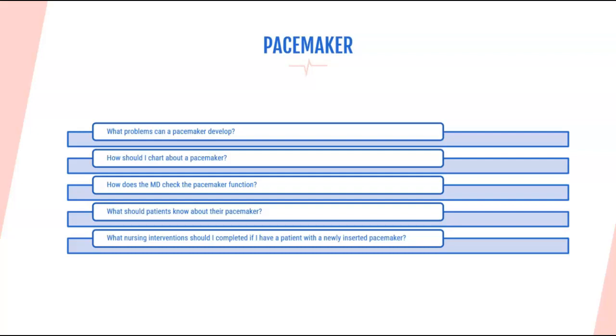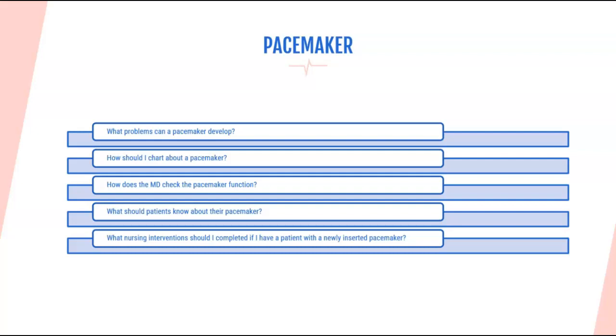They should take their ID card to the airport if they're flying, because they shouldn't go through the security magnetic checkpoint there. And on page 649 of your book, there is more information on patient and family education, and it has do's and don'ts on pacemakers.